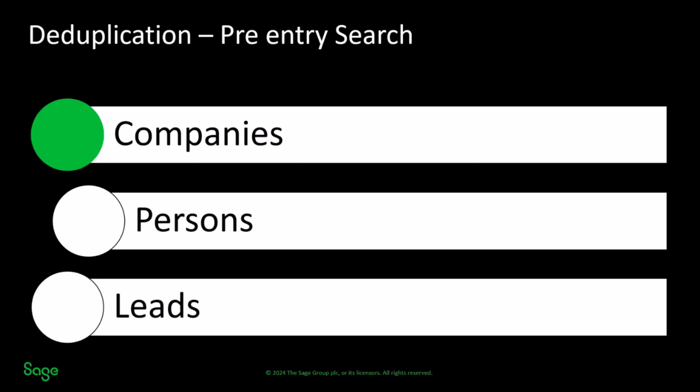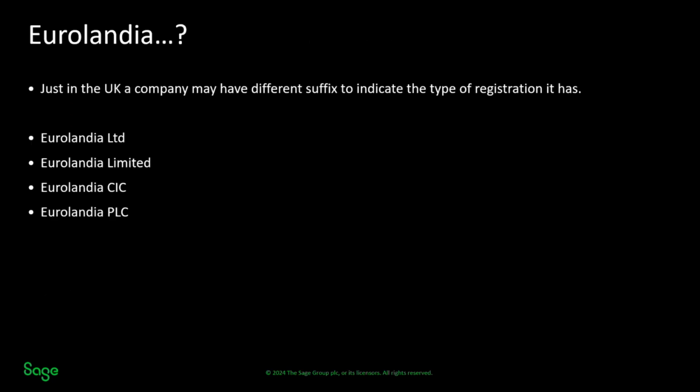So this is very much in the context of business to business usage, and it's really about understanding some of the problems that can come about when we are dealing practically with identifying customers. So if we think about the name Eurolandia as a company, it's one of the demo data companies inside Sage CRM. It's a great name for a company with a global reach.